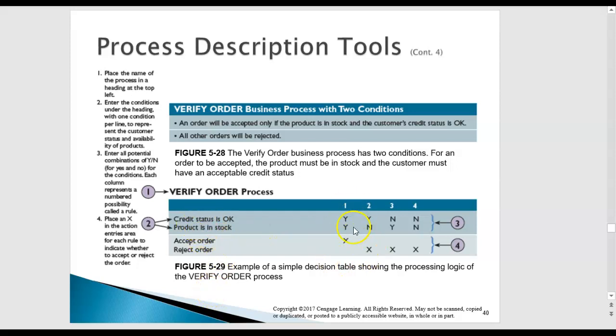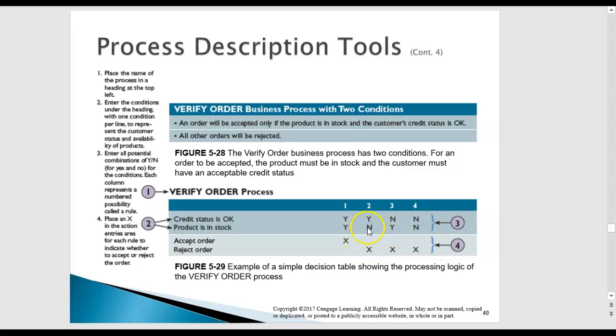I'll go through a couple of them over here. If it checks the credit status, and it's okay, yes, it's true, and the product is in stock, yes, then the system accepts the order. If the credit status is okay, but the product is not in stock, then the system rejects the order.